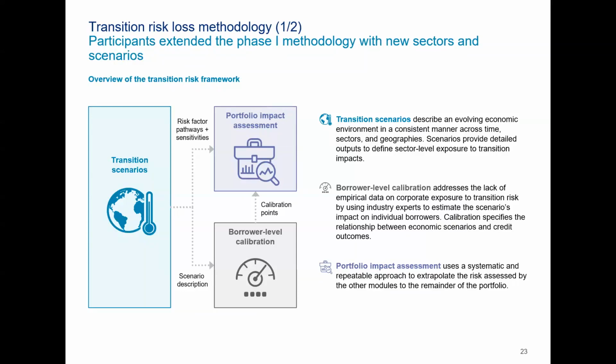And so we looked at transition scenarios and in what ways their information and their outputs could be transformed or moved into a specific means of understanding and quantifying financial impacts. And at the same time, we thought about what within these storylines would have implications for the idiosyncrasies of various borrowers.